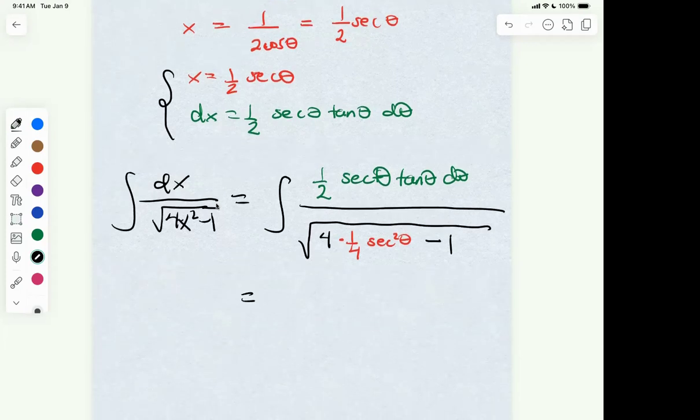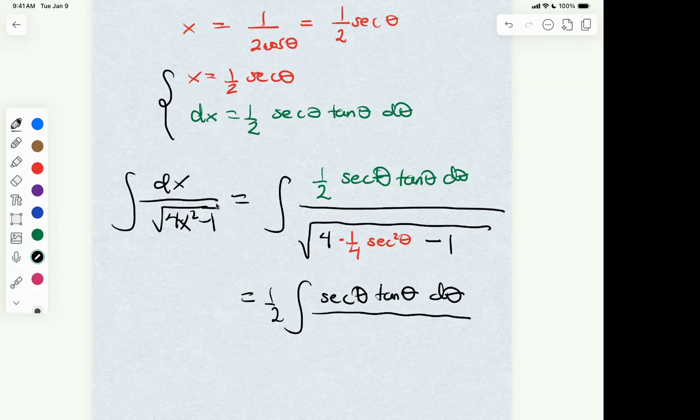So this 1/2, if you want, you can take it out. So you get 1/2 secant of theta, tangent of theta, d theta, and then you get secant squared of theta minus 1. The 1 in the denominator is dealt with by the magical identity that 1 equals cosine squared plus sine squared.